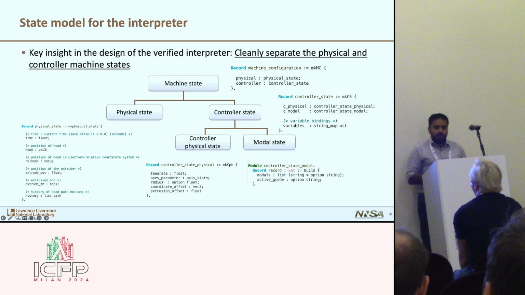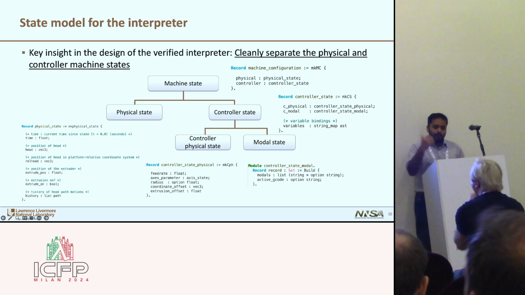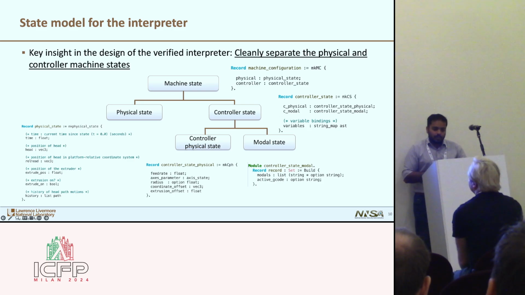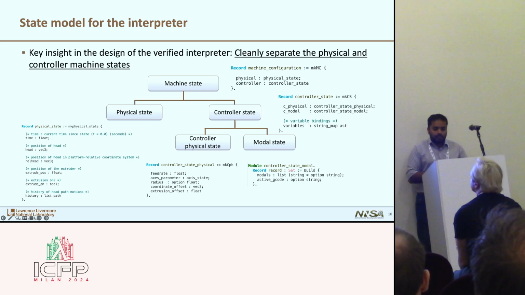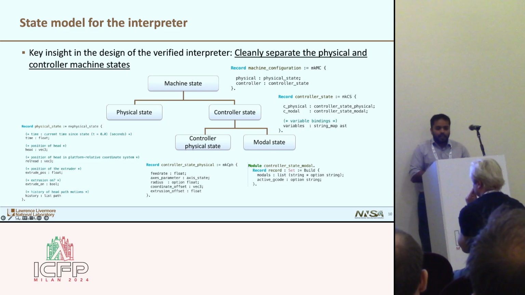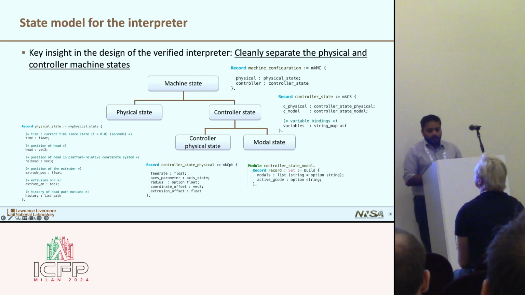When we started with an initial prototype of the interpreter, which was a monolithic OCaml code implementing all of this in one machine state, it created a lot of issues with respect to verification when you wanted to use different tools for different parts of the interpreter. So this nice clean separation introduced a modularity, which was very helpful when we started the verification process.